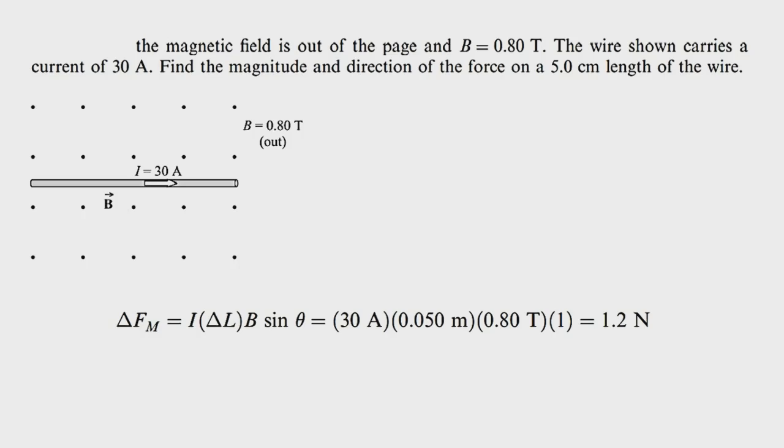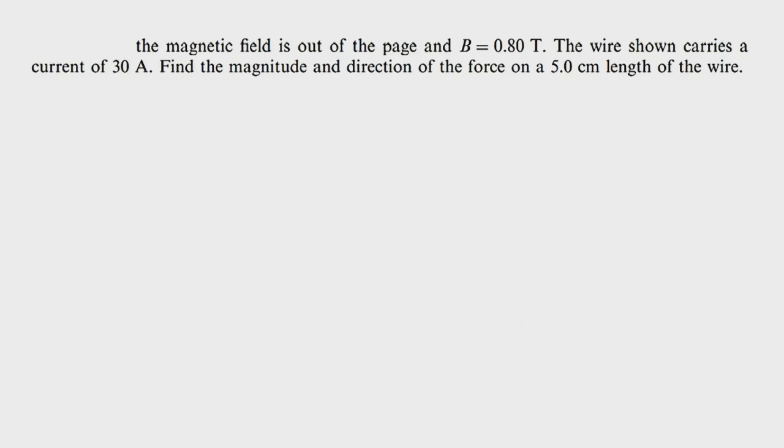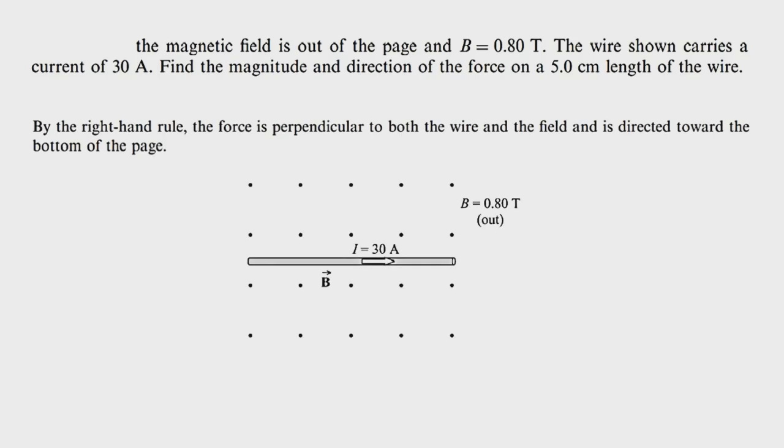I is equal to 30 amperes, while delta L is equal to 5 centimeters, or 0.050 meter, times 0.80 Tesla, and sine 90 is equal to 1, so delta F sub m is equal to 1.2 Newton. By the right-hand rule, the force is perpendicular to both the wire and the field and is directed toward the bottom of the page.